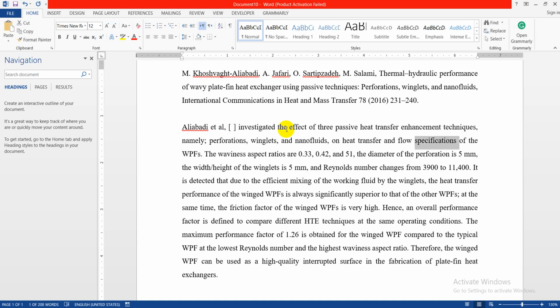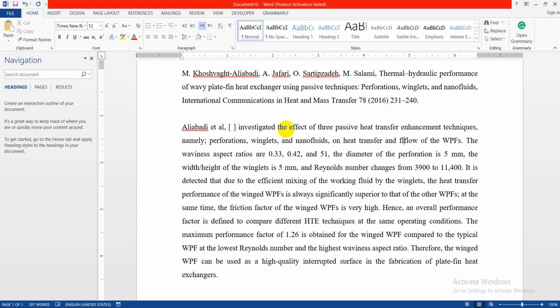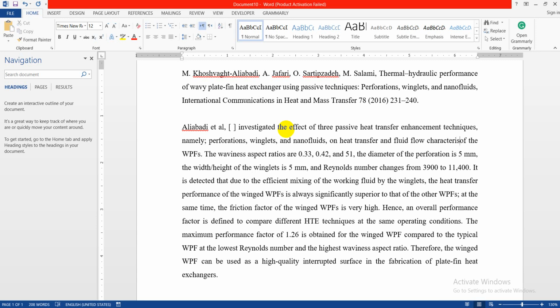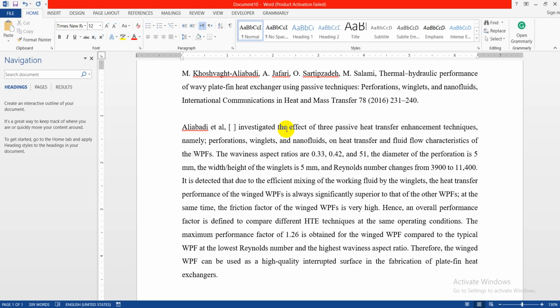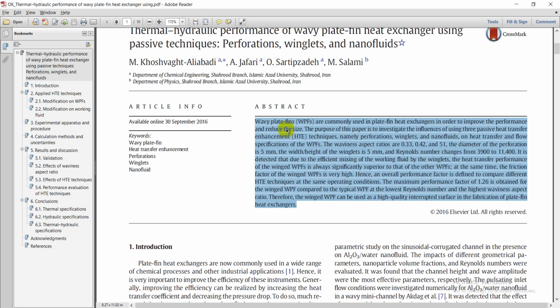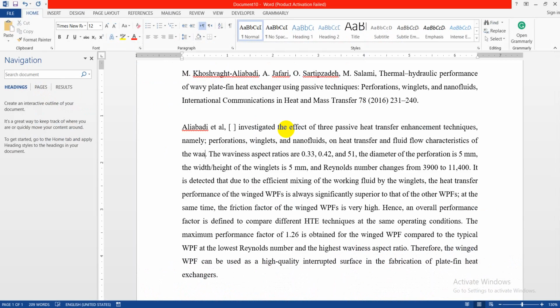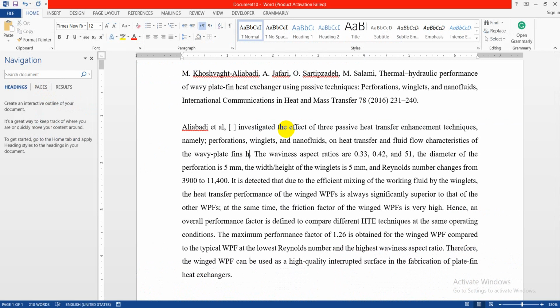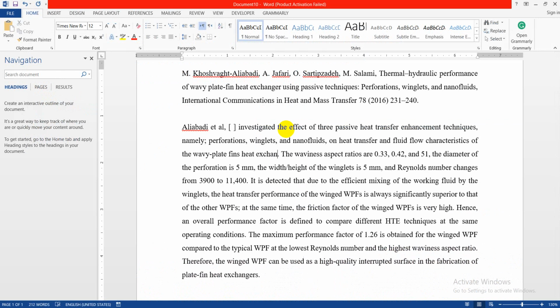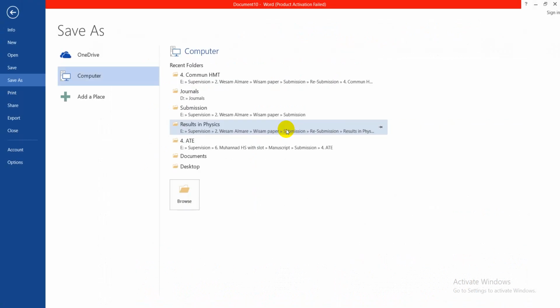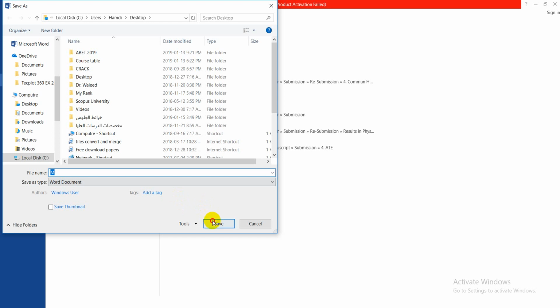That means fluid flow characteristics, right, of the wavy plate fins heat exchanger. Okay, I'll save it on the desktop just to keep my writing.